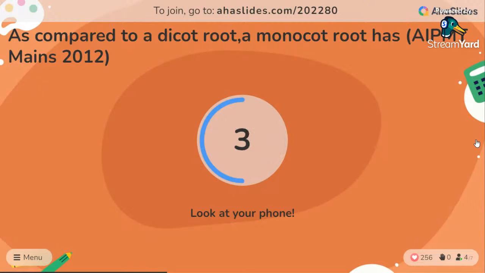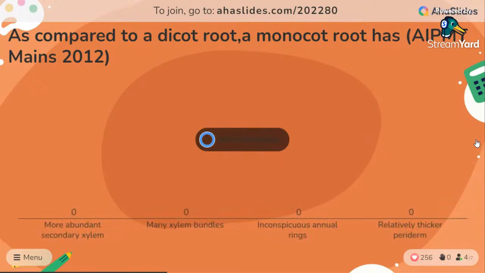As compared to a dicot root, a monocot root has, AIPMT Mains 2012: more abundant secondary xylem, many xylem bundles, inconspicuous annual ring, relatively thicker pericycle.